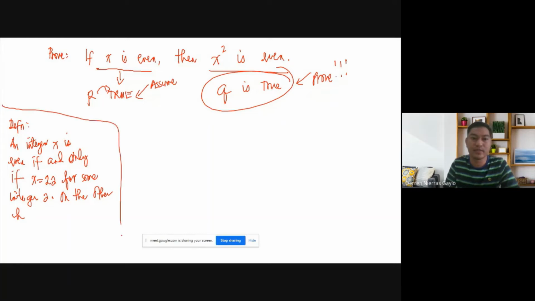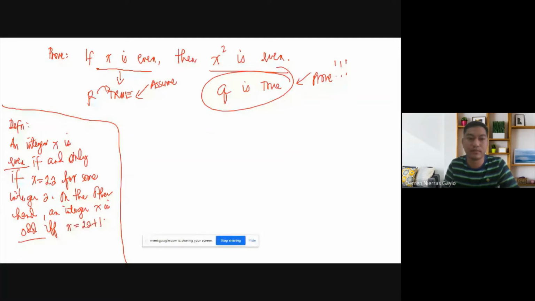Take note of the definition. On the other hand, an integer x is odd if and only if x is equal to 2a plus 1 for some integer a. Okay, were you able to get the definition? Hello? Hello, guys?